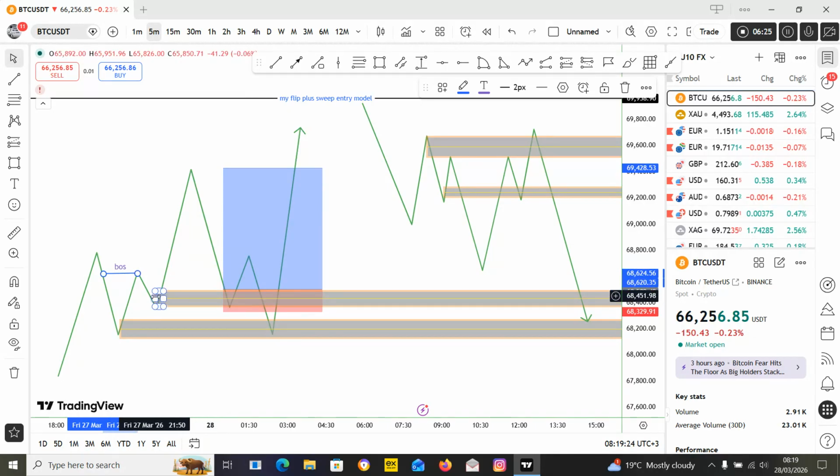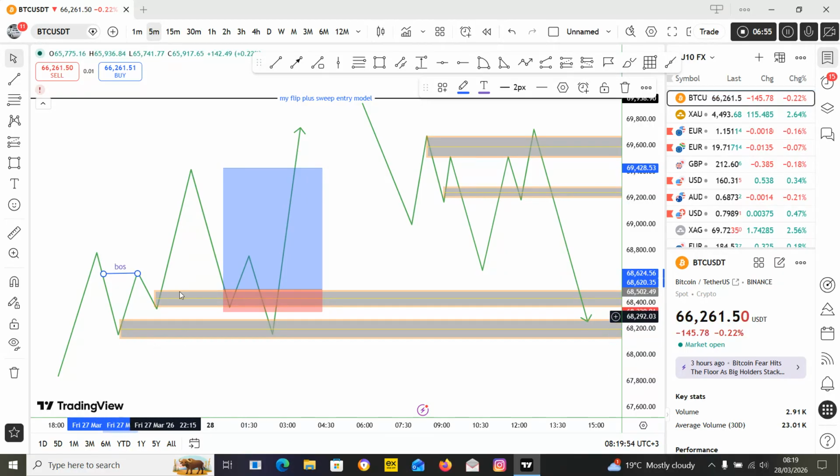And when it pulls back to the nearest demand zone, observe what price does, because sometimes price could just come to the near demand zone and it starts going up. But in most times that doesn't happen and it always comes back to the extreme zone. Why? Because it needs some form of liquidity before the real move actually happens.